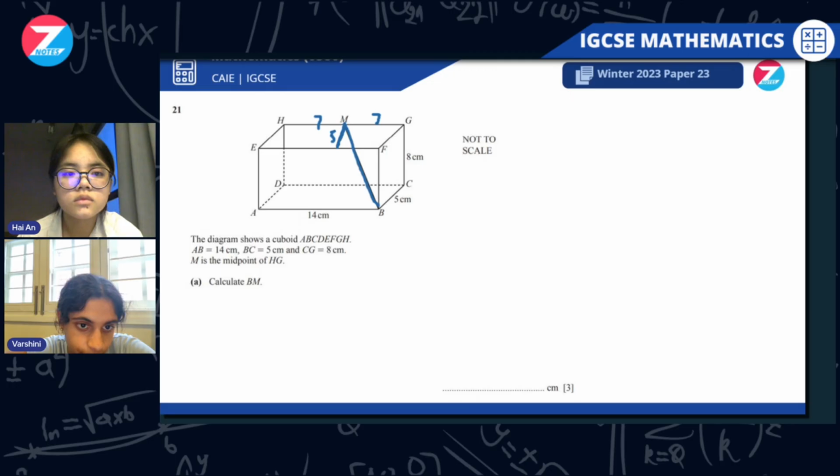And we know downwards, our length from here to the bottom is going to be the same as AE, which is the same as GC, which is 8.